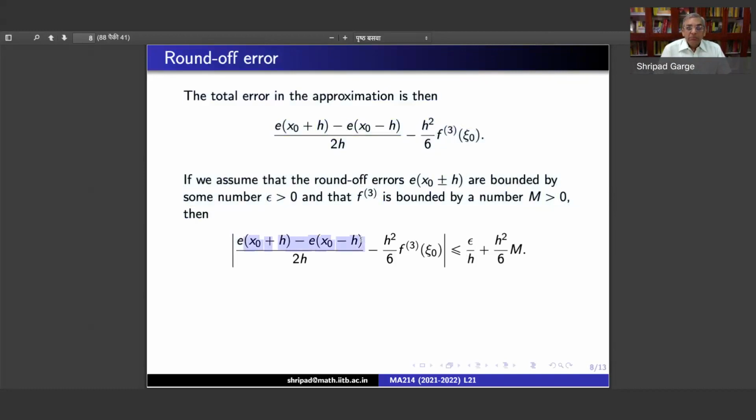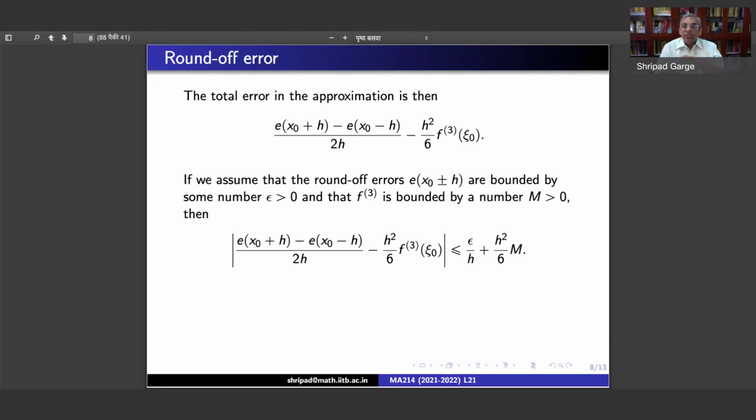So here what we have is basically two expressions in the modulus, and we are taking the difference of those two expressions. The mod of a minus b is less than or equal to mod a plus mod b. So these two expressions are less than or equal to the modulus of the round off error plus the modulus of the truncation error. Now in the modulus of the round off error, the denominator is mod of h.